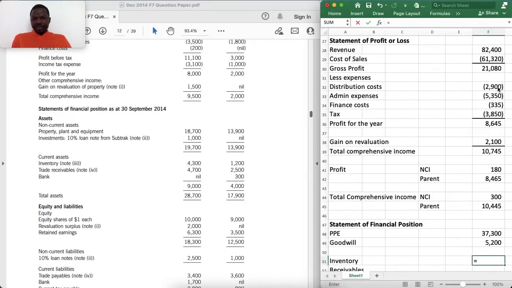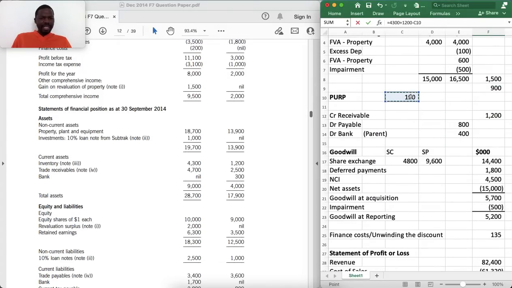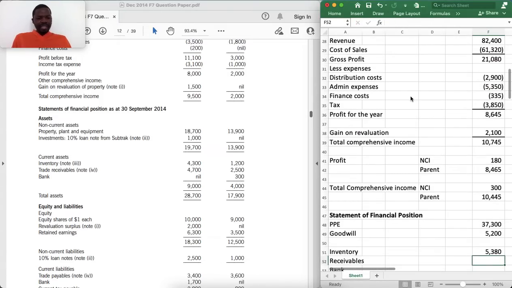Then inventory, we have inventory for the parent 4.3 plus inventory for the sub 1.2. We need to less here the PAP. We calculated the PAP here. We less the PAP. Then receivables for the parent 4,700 plus the subsidiary 2,500.